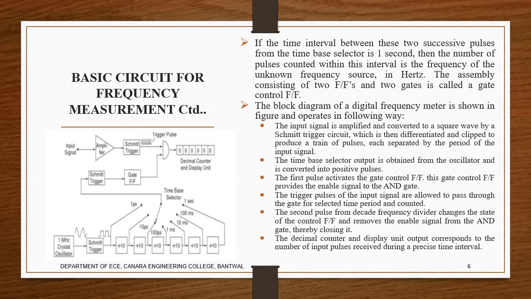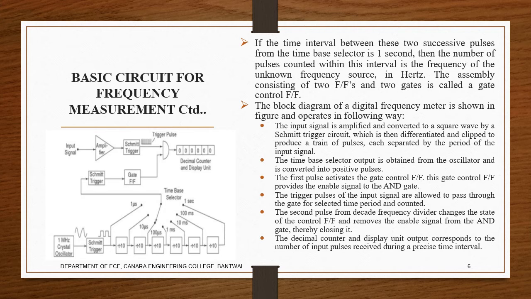We are not saying the 1 megahertz is given continuously; the oscillator is designed in such a way that it can vary from 0 to 1 megahertz. Provided to the Schmitt trigger, the square wave is generated, and then it is divided by 10.